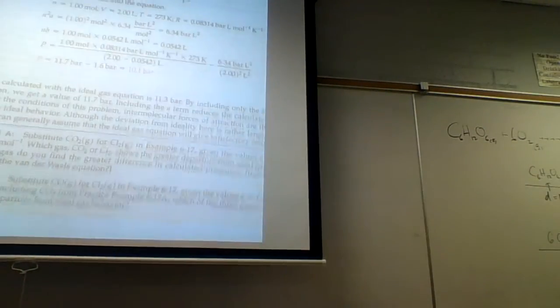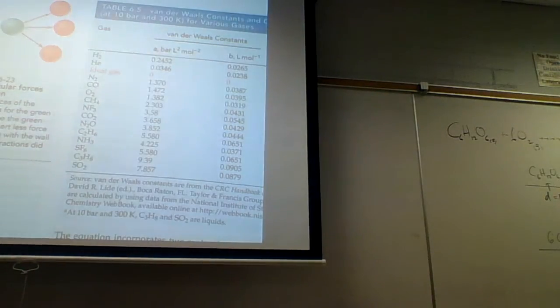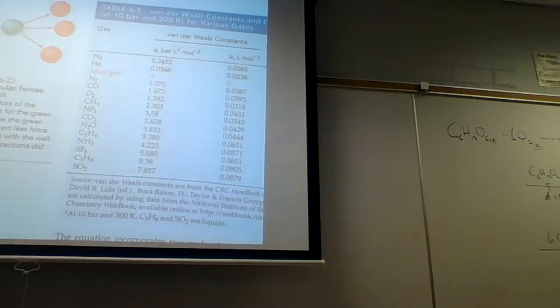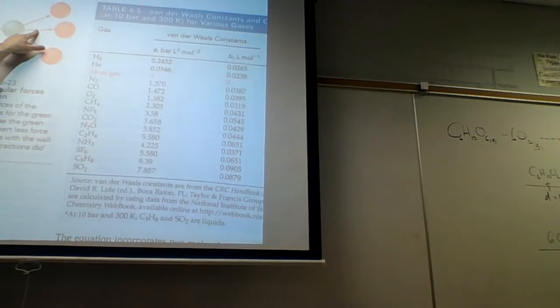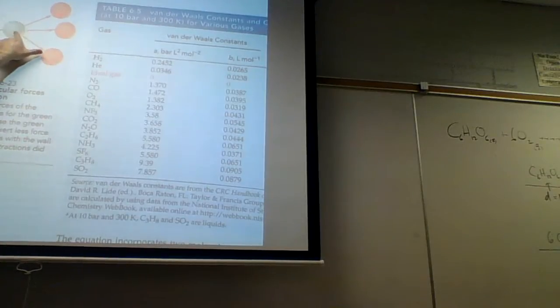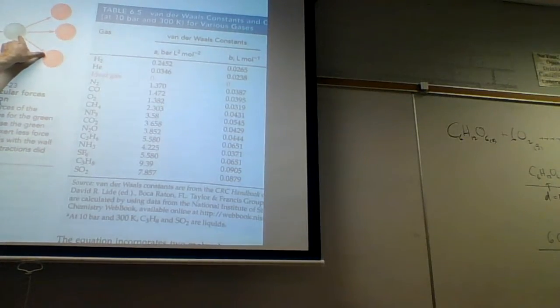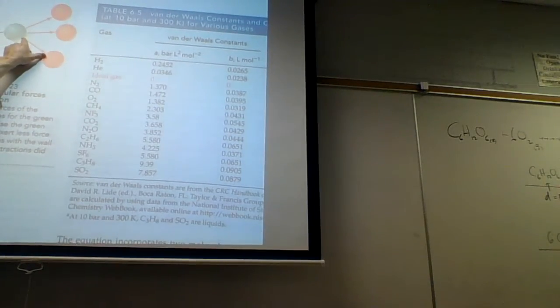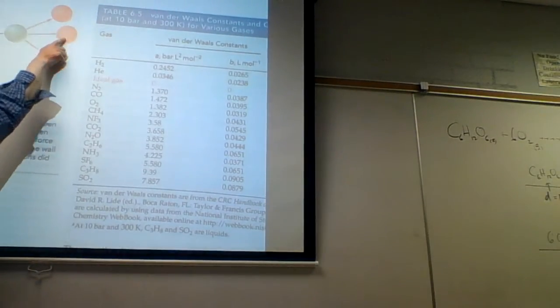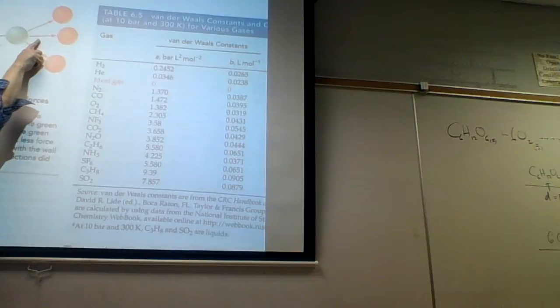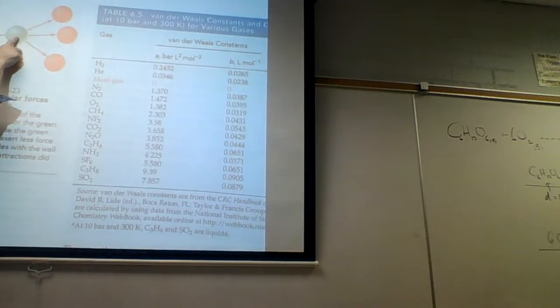The physical interpretation is this: a is due to intermolecular attractions. The stronger the intermolecular attractions, the bigger these orange arrows are, meaning more force of attraction. These are going to pull this one back, and if it gets pulled back, it's not going to strike the wall with as much force.